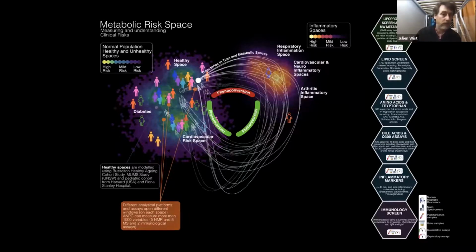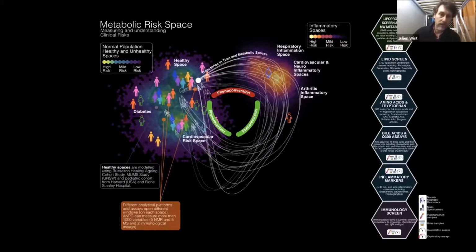Some people have comorbidities or cardiovascular risk, diabetes, and so on. From these normal spaces, the metabolic profile is shifted by inflammation and goes through different respiratory, cardiovascular, or neuroinflammatory spaces, or even arthritis in that case. And then after this phenoconversion, we are interested in how people would come back.